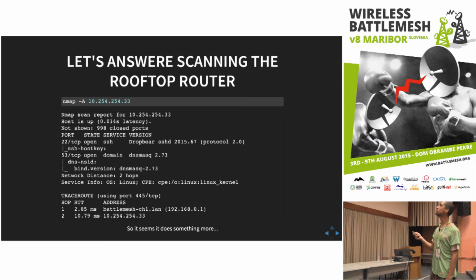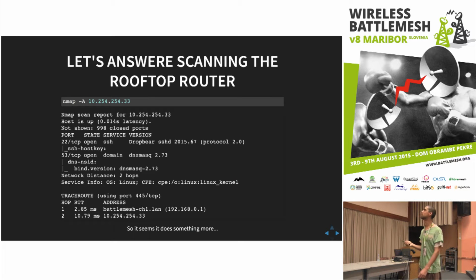For Dropbear, it seems that extracting the SSH host key is not supported, so it's maybe a useful feature request for the SSH script. And then port 53 is said to be dnsmasq, with the version and all of that.